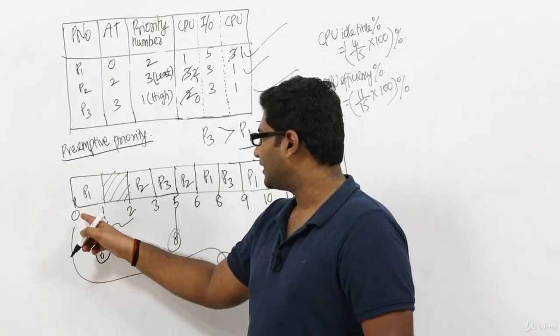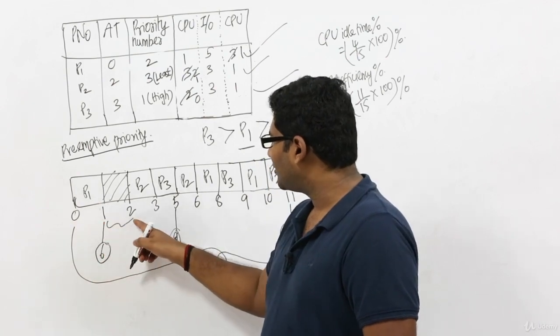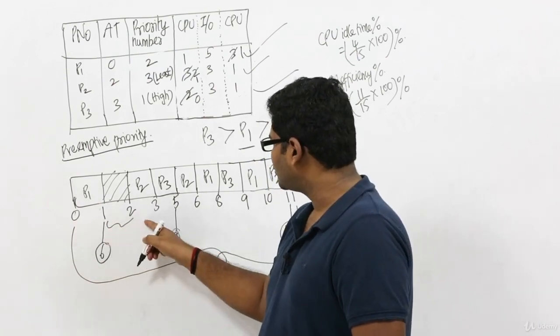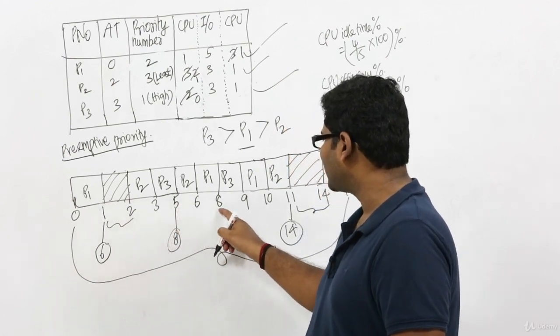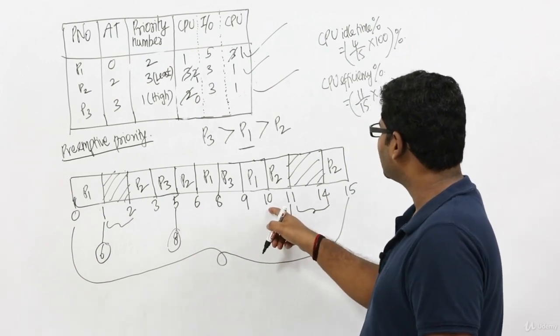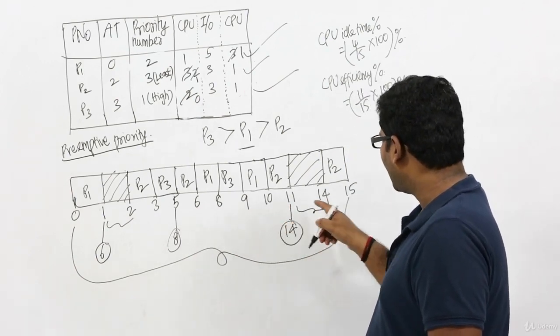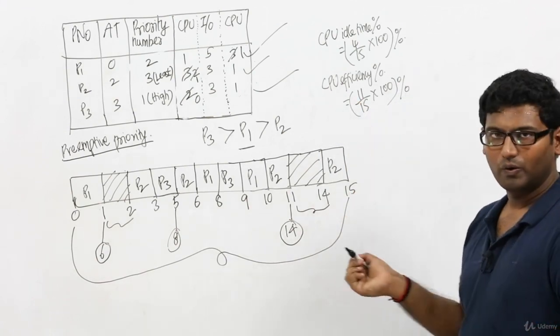How? CPU is utilized for 1 time unit plus CPU is utilized for 1 time unit. So 1 plus 1 is 2, 2 plus 2 is 4, 4 plus 1 is 5, 5 plus 2 is 7, 7 plus 1 is 8, 8 plus 1 is 9, 9 plus 1 is 10, and 10 plus 1 is 11. So 11 by 15 into 100 percentage.